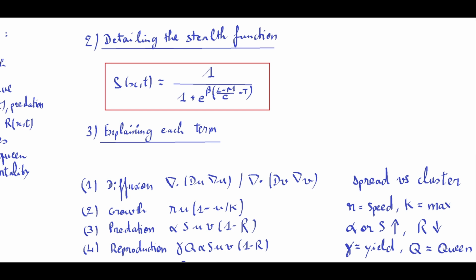When (L minus m) divided by c, on the contrary, is very much bigger than T, the stealth function will be approximately equal to 0, and so we'll have a low stealth. This smooth logistic curve models the shift from invisibility to detection.